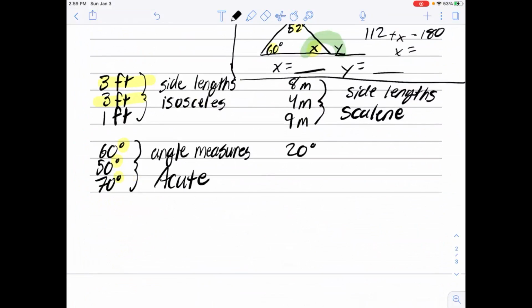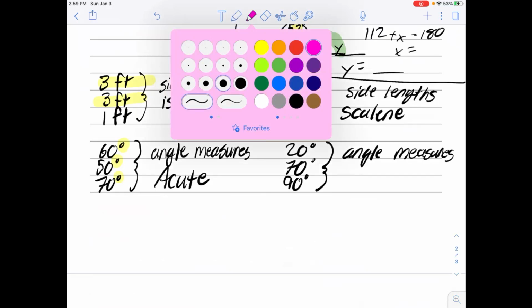So for our last one, let's say I gave angles that were 20 degrees, 70 degrees, and 90 degrees. Again, we're classifying with angle measures. And this one you're actually going to also enter into Schoology. So you're going to have 3 answers for Schoology. You will have x and y from up here.